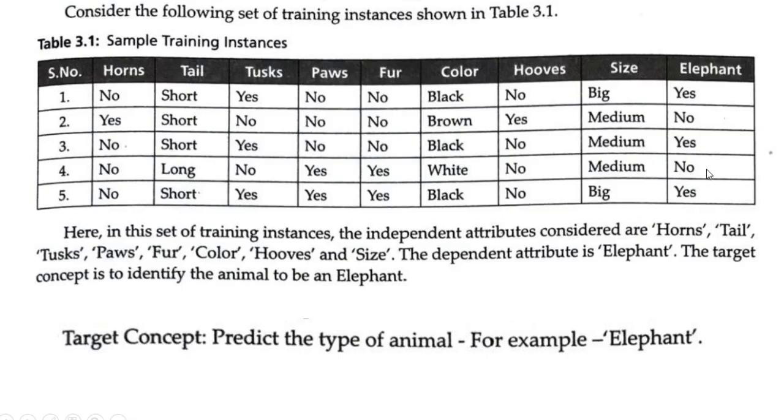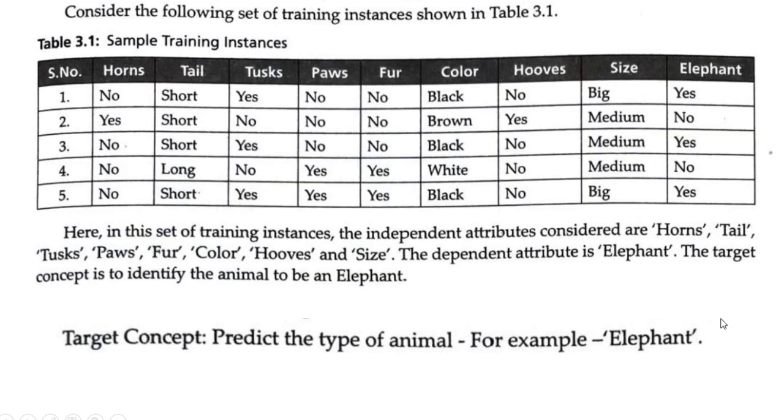If there's something else, then it is no. So this is basically a database which is trying to categorize whether the animal is an elephant or not. So what you can observe here is, basically we are doing decision making with the Boolean values yes or no. So what is the target concept here? The target concept here is you have to predict the type of the animal. That's the goal. So that was a simple explanation of concept learning.